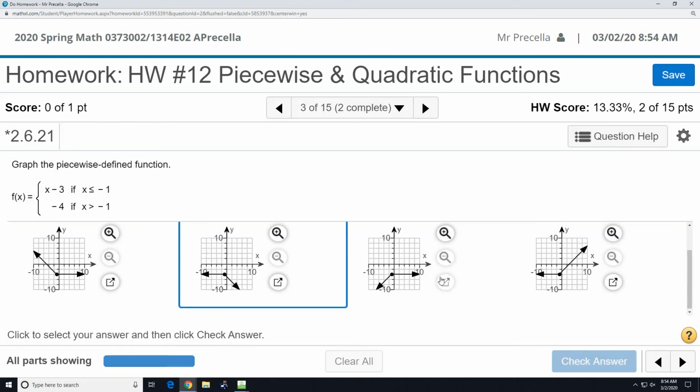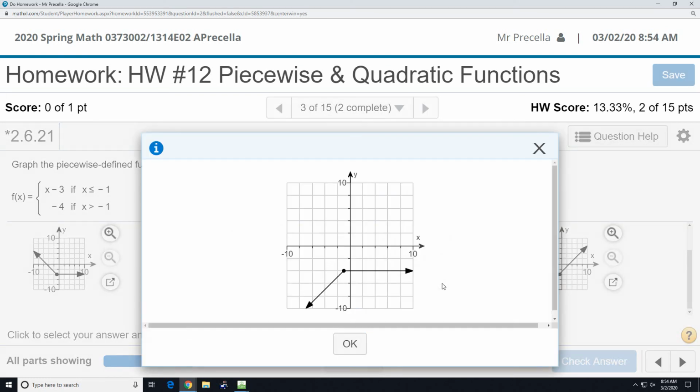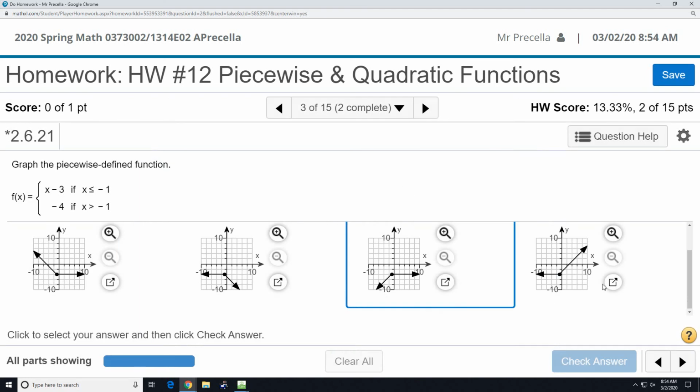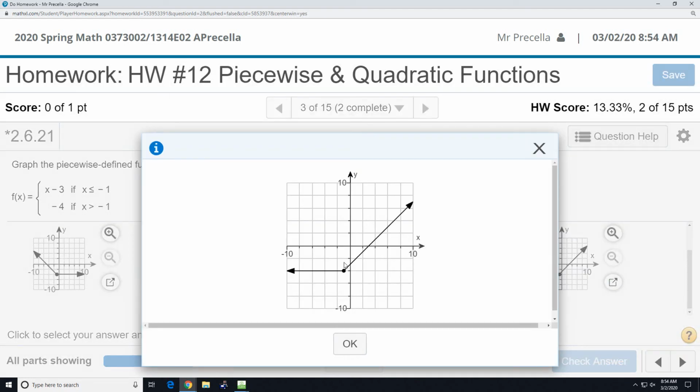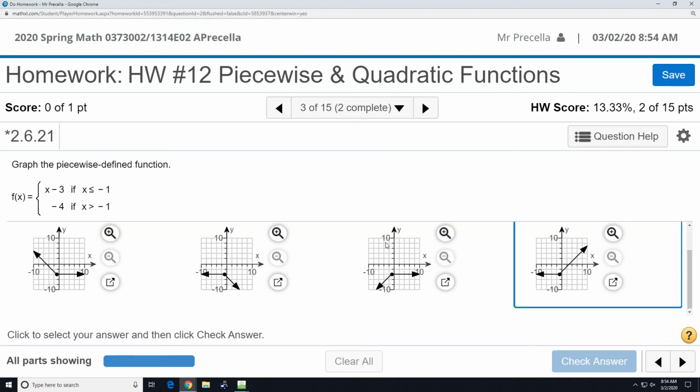No. C? I'm thinking that's it. And notice they're just showing the closed dot. With an open and closed dot at the same spot, your graph is going to have that closed dot or closed circle, whatever you want to call it. Let's just look at D. No, you're right, it's C.